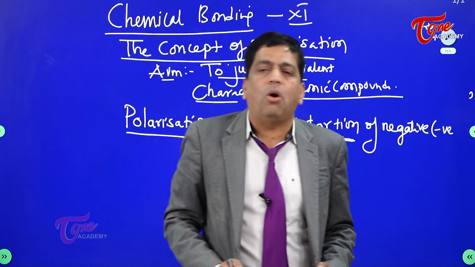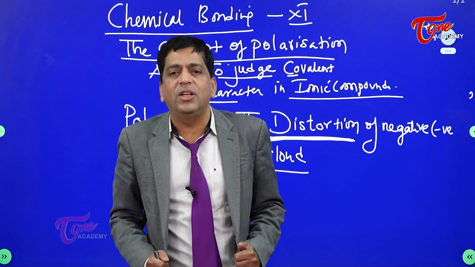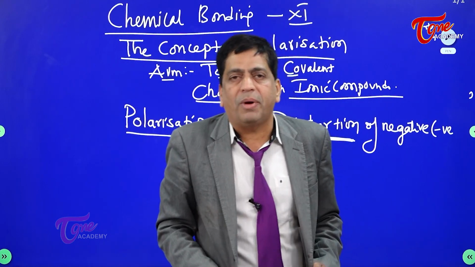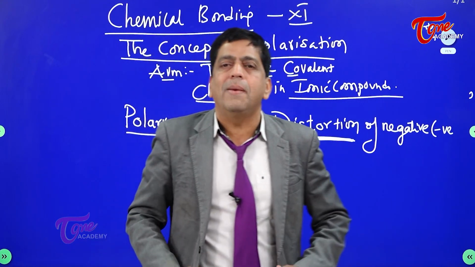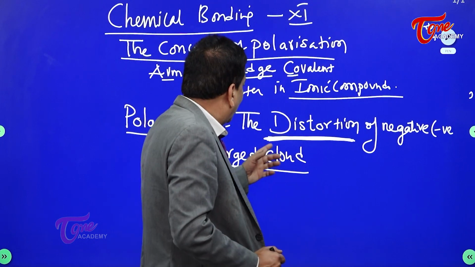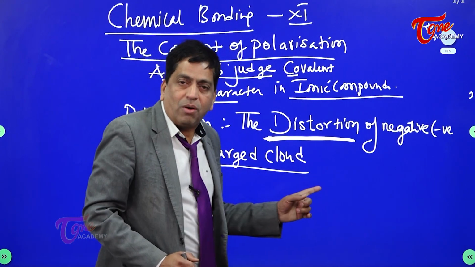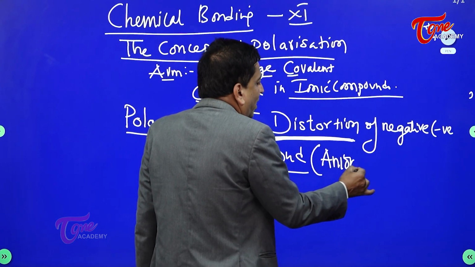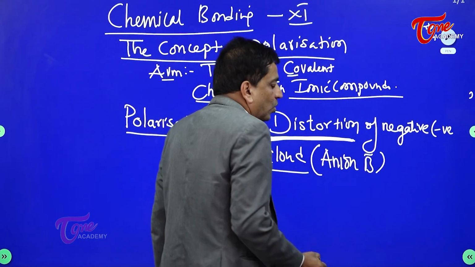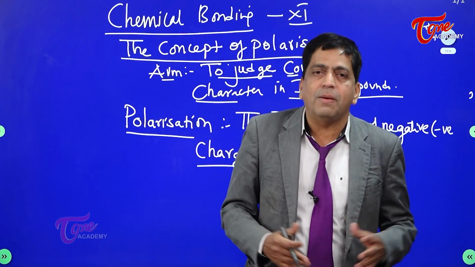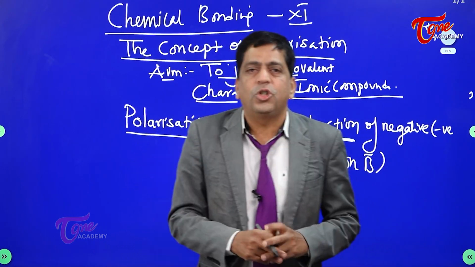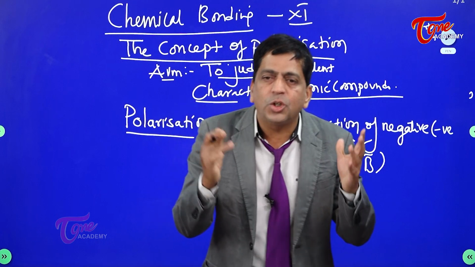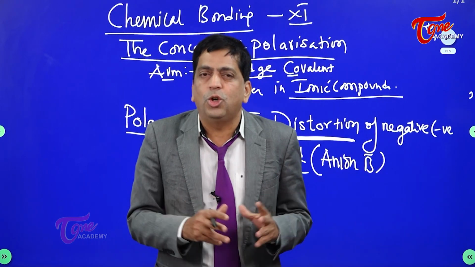You must divorce all the perceptions you made in your earlier classes. Your teacher might have called this an anion, very simply, because you say negative charge cloud, and I can write it for you, I call this an anion, let it be B minus. I think you understand better when I call this an anion. Your teacher told you like that to develop a perception. But remember, you must change your thinking.